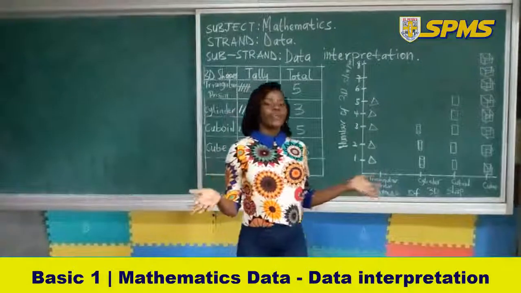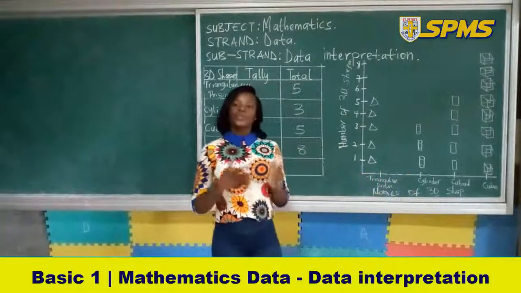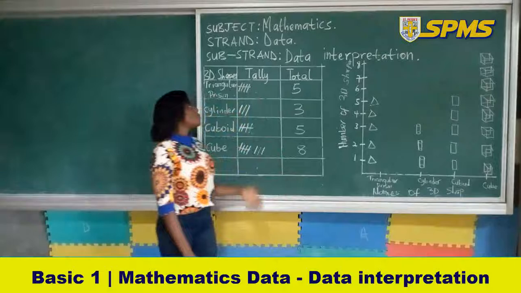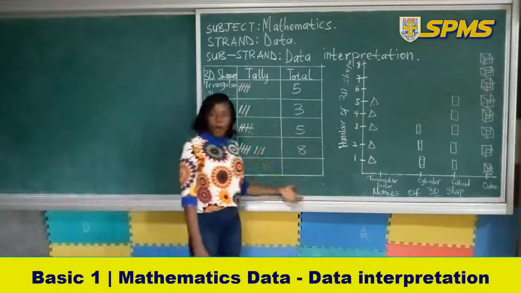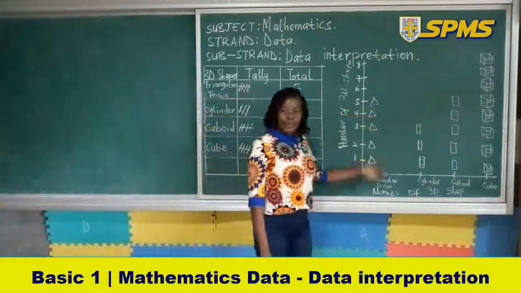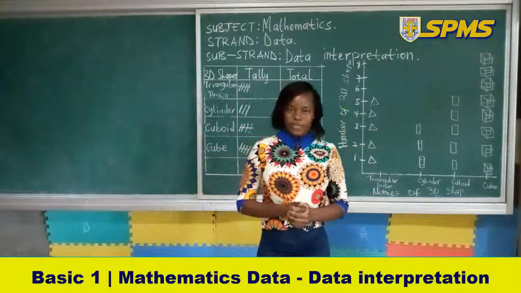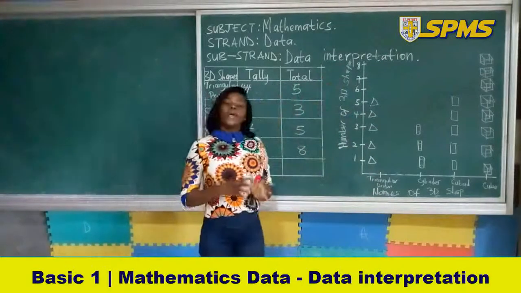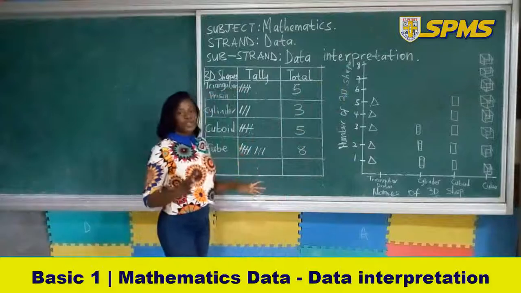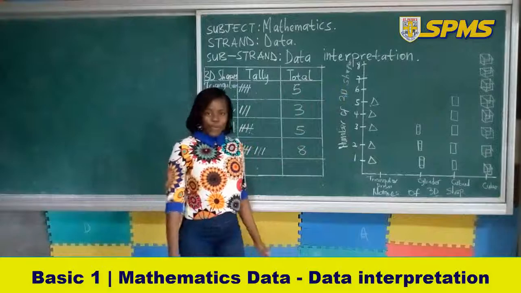So now children, what did we learn today? Today, we talked about how to represent data on the tally chart and also on the picture graph. And we were able to answer some questions based on our tally chart. Now, based on what I've taught you, you're going to answer the following questions at home.